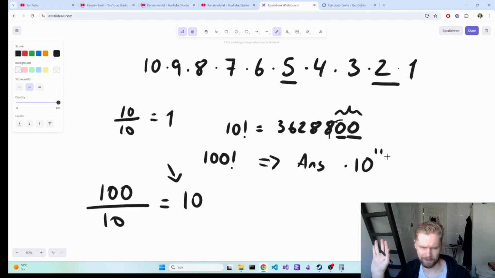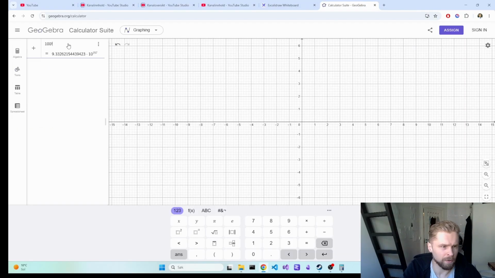Am I tripping? Well, we don't know, we're not sure, we're looking into it. But alright, let me try. I think there's gonna be 11 of those. Let's see. 100 factorial.